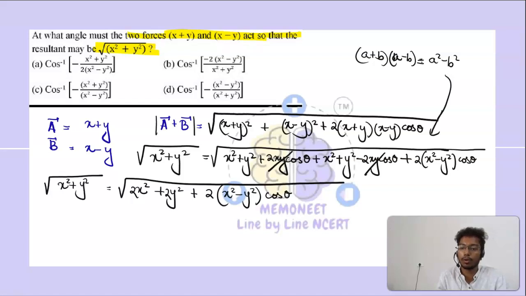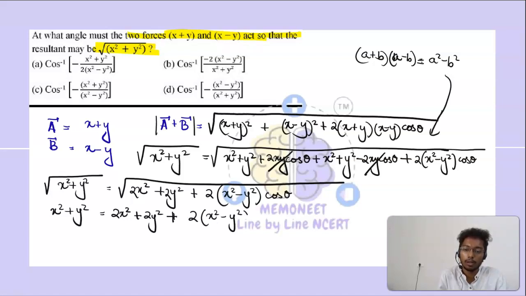Okay, so on squaring both the sides we have x square plus y square is equal to 2x square plus 2y square plus 2 (x square minus y square) cos theta. So we have to find out the value of cos theta, because in the question it is given, at what angle. So we have to find out the angle here.